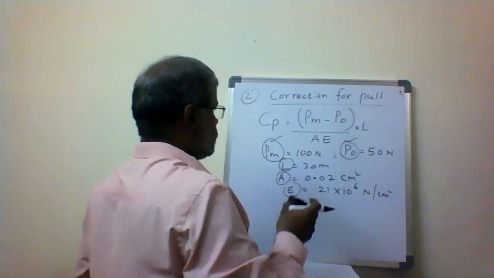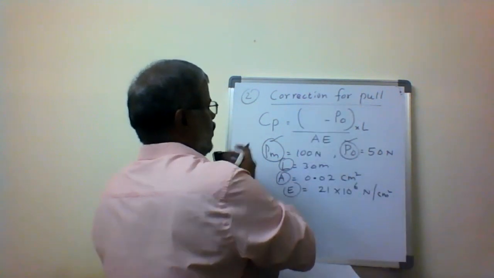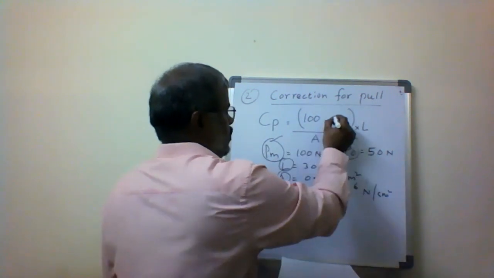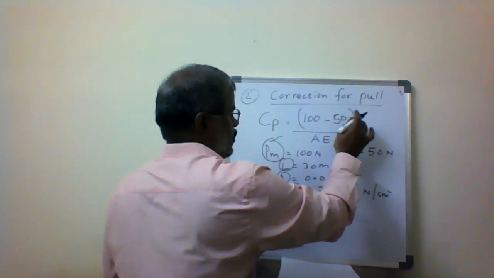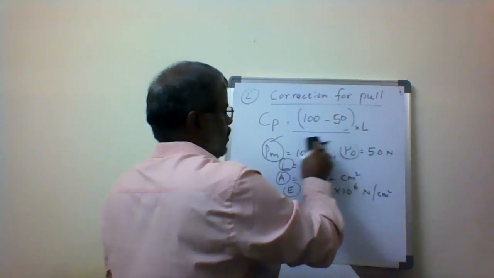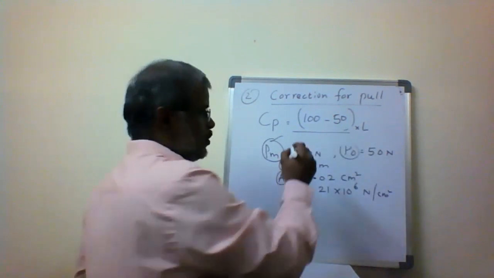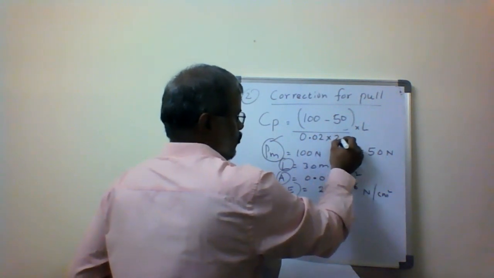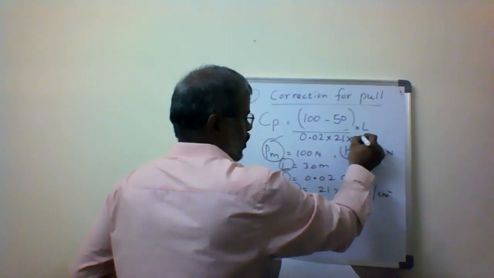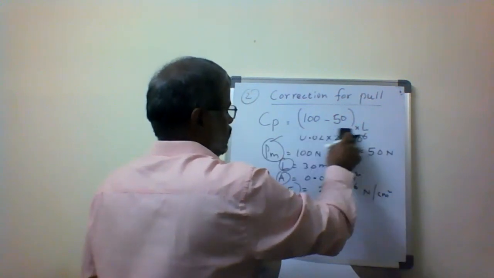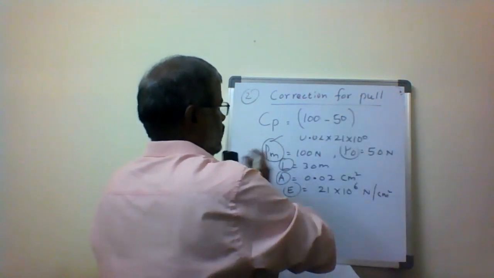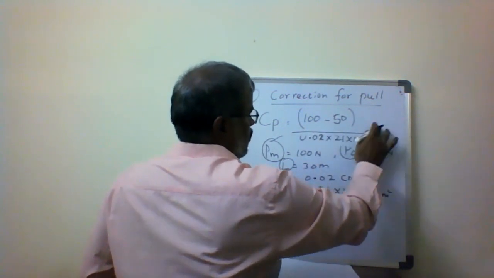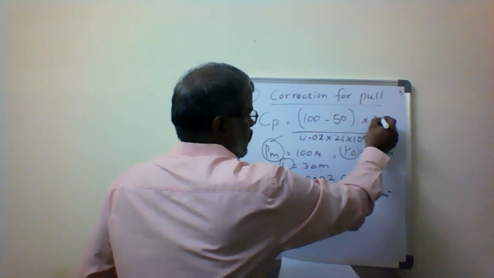Pm is 100 and P0 is 15. The cross-sectional area is 0.02, and 21 into 10 power 6, into 30.